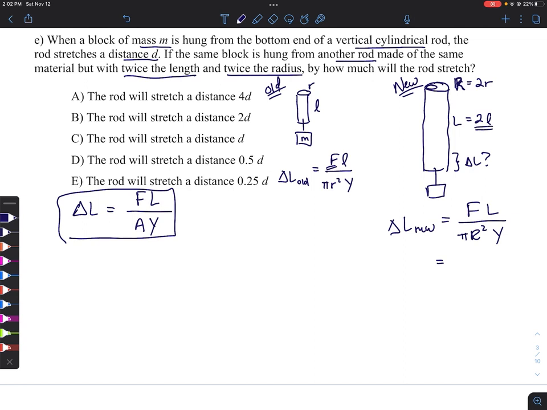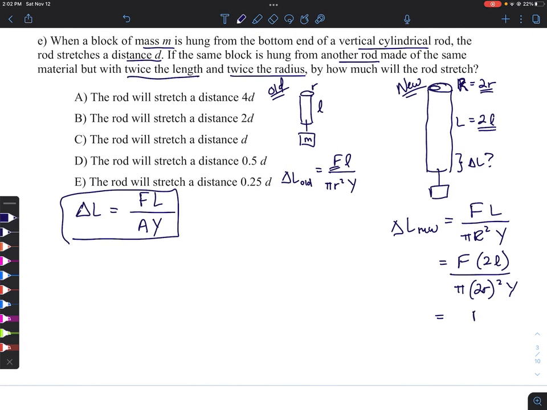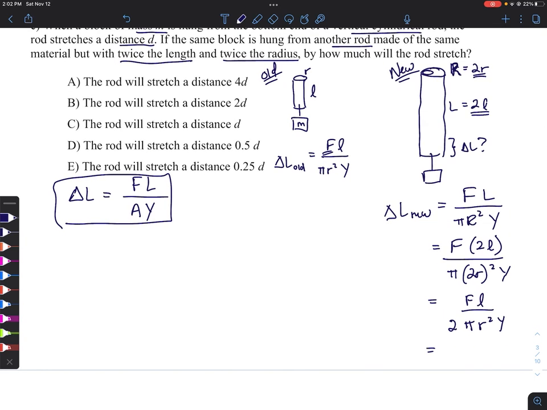So now let's substitute in 2L and this 2R over here. So we have F times 2L divided by pi (2r) squared times Y. And if we work this out, one of the factors of 2 will cancel, so we'll get FL over 2 pi r squared Y. So this is equal to 1/2 FL over pi r squared Y. And notice that this is our delta L old.